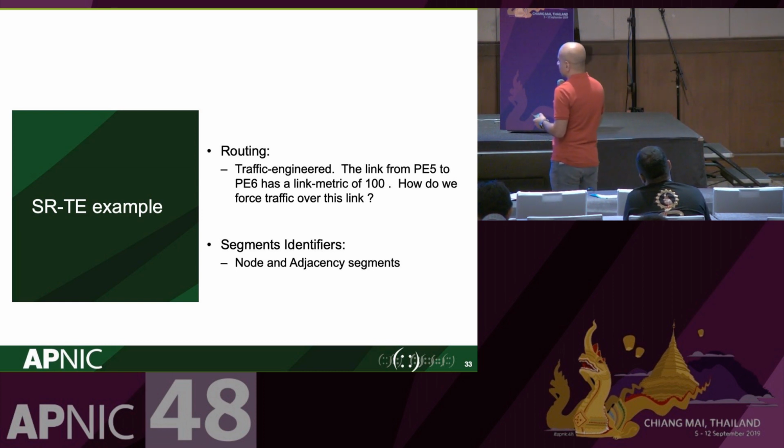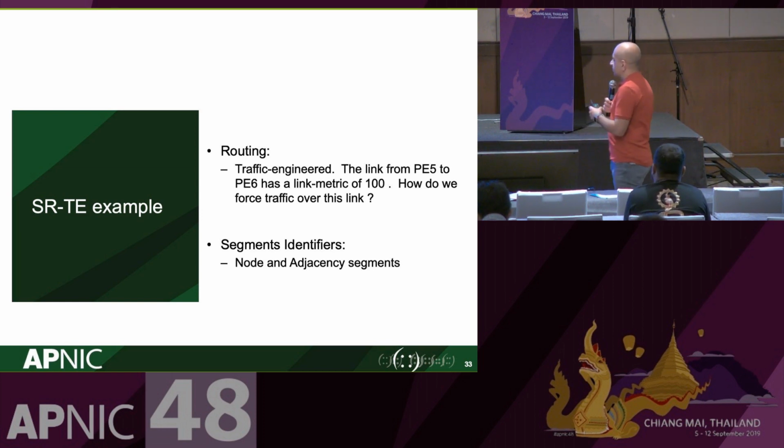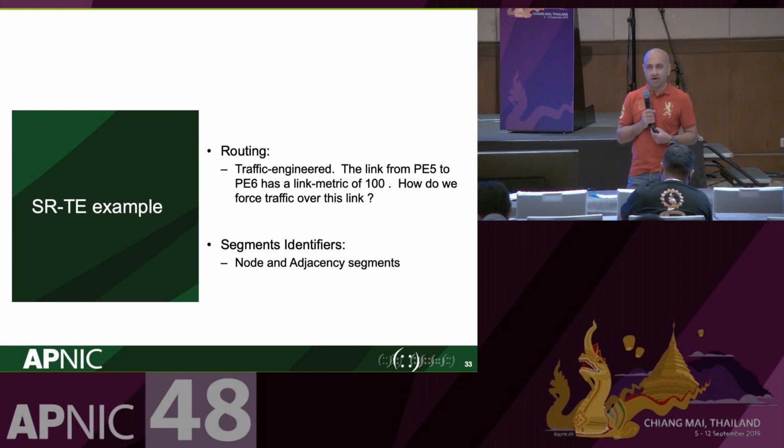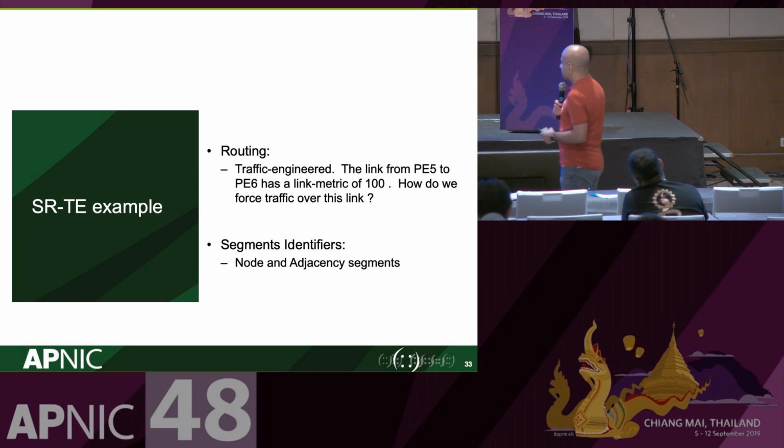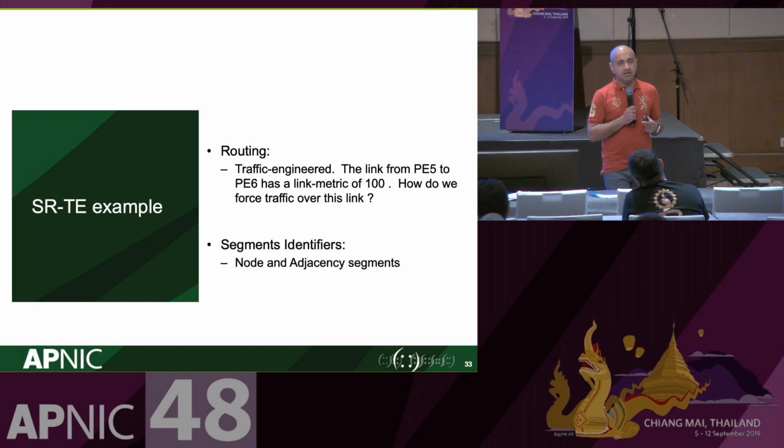So it's the same example as before. If you remember, there's one dodgy link that has a metric of 100. What we want to do is build a path between PE1 and PE2 that goes over the link that has a metric of 100, which is something that we cannot do with shortest path routing because that would not be the shortest path.